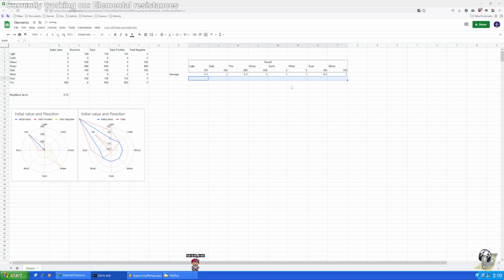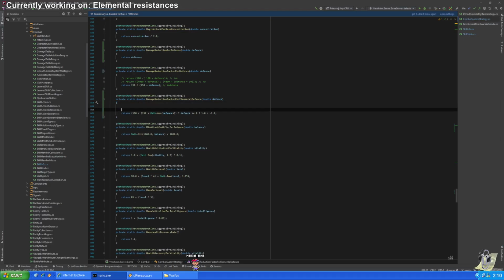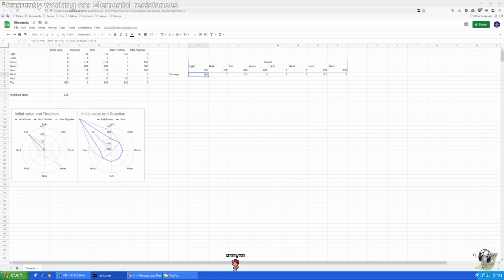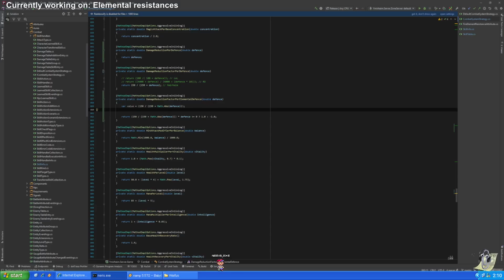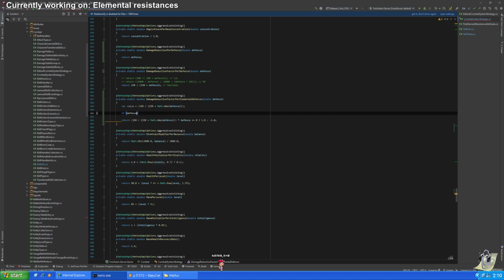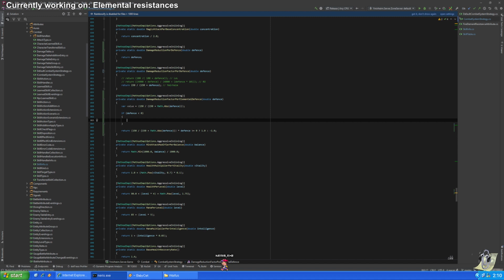Can delete this. And now let's adjust the formula. So value equals this thing, right? Yes, and then if defense less than 0, then value equals 1 divided by value.